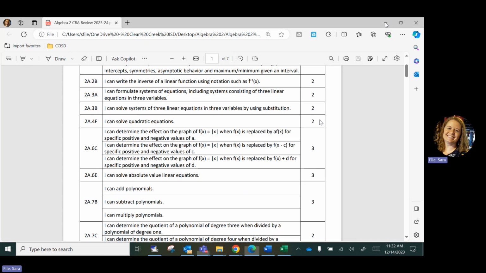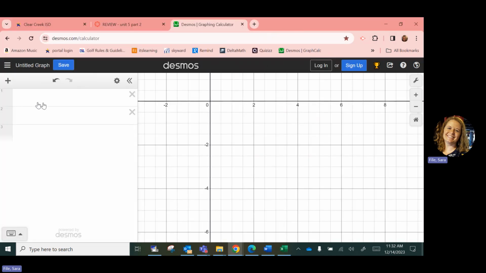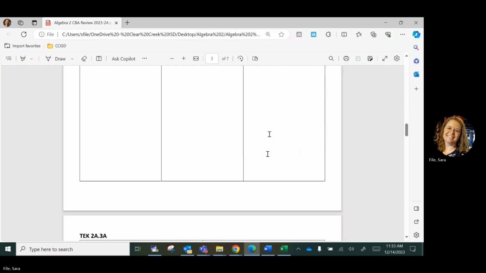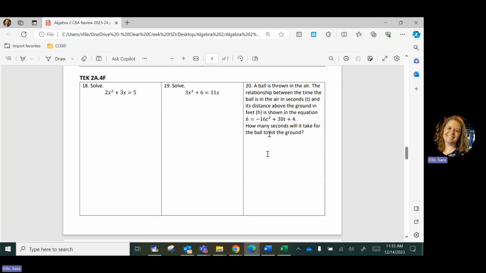When I was explaining to you that when you looked at the graph, the zeros, the x-intercepts, those are the solutions where the graph crosses the x-axis. Okay, so when we're looking at these on the semester review, all we have to do is plug them into the calculator.